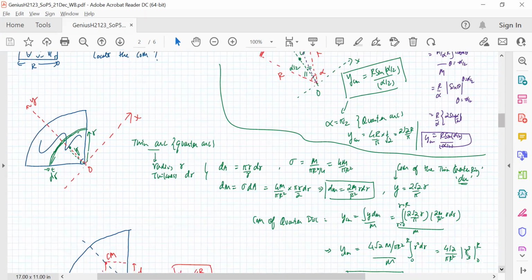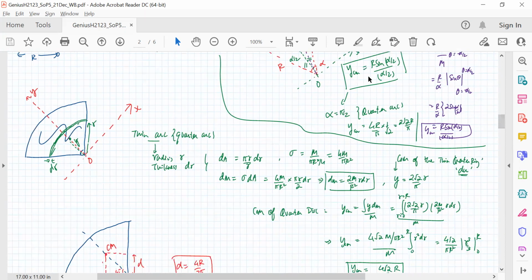This is where I have made use of the general formula for center of mass of a thin arc. In that I've replaced alpha as pi by 2 for the quarter circular arc, and I've made use of that in this derivation.